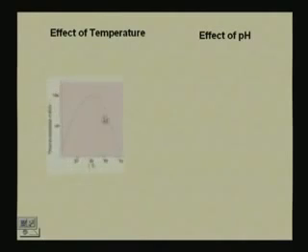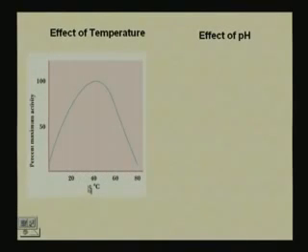So, we have an optimum temperature that, if we do a percent activity versus temperature curve like this, then we are going to have an optimum temperature for the highest activity of the enzyme.